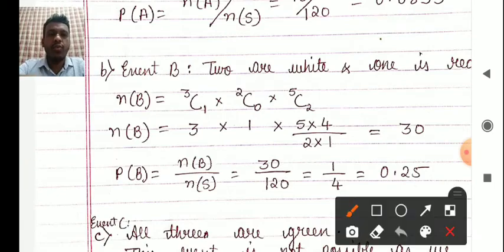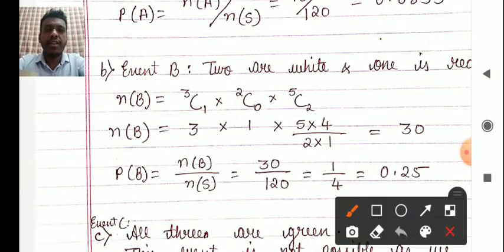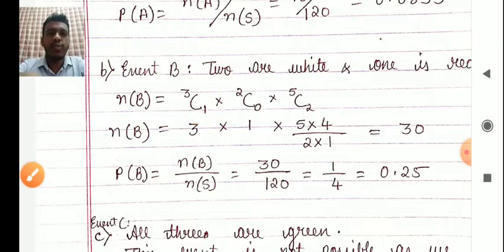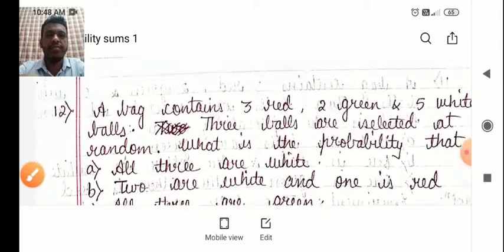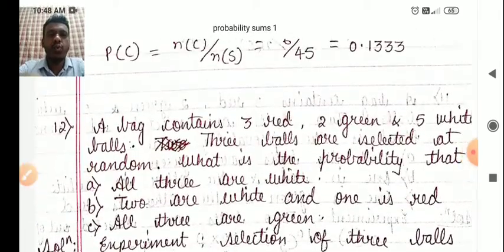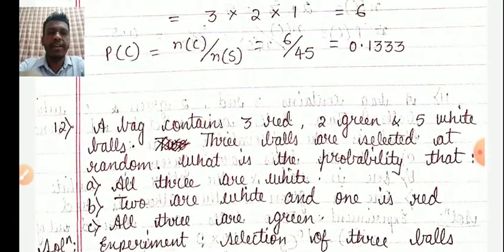Now B: 2 are white and 1 is red. The second one says 2 are white and 1 is red.